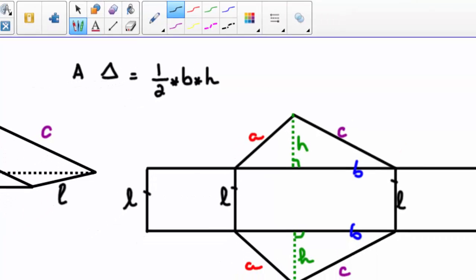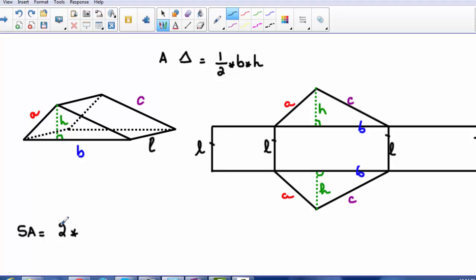So again, I'm going to take these dimensions and transfer them. I did two triangles, and now the area of one triangle is half times the base, which is b, times the height, which is h, plus I need the area of this plus this plus this.